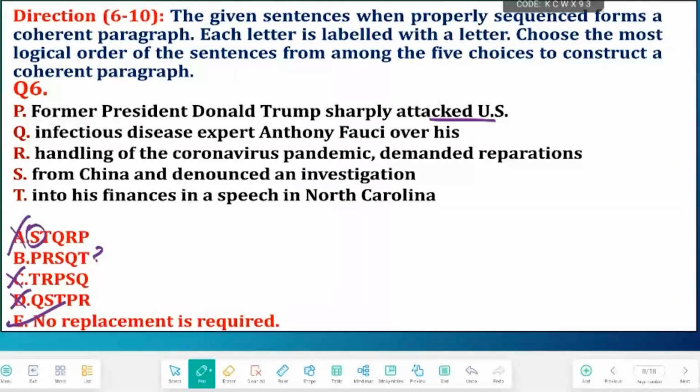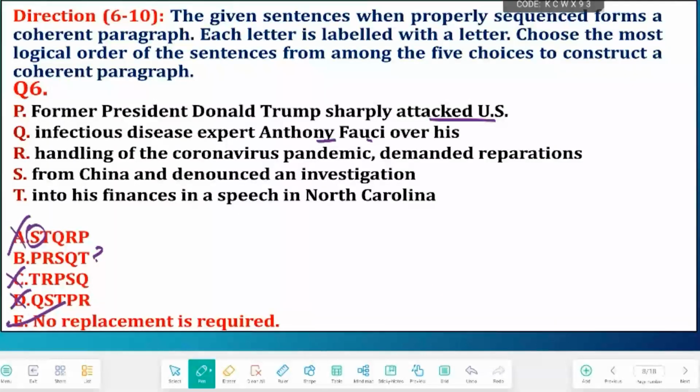Now, if I read all the statements consecutively, you will find out that this is a coherent paragraph. Look at this, pay attention. Former President Donald Trump sharply attacked whom? He attacked US infectious disease expert Anthony Fauci. Why did he attack?